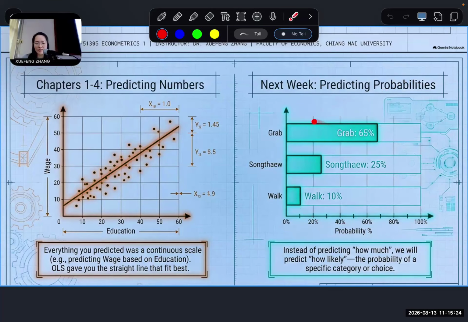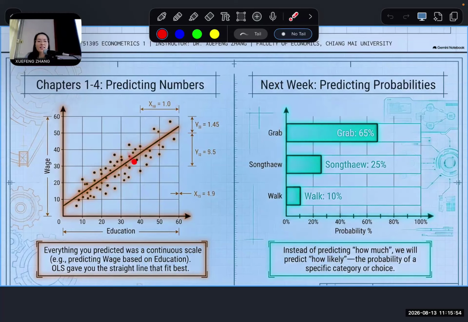Look at this. On the x-axis is the probability, and on the y-axis we have 3 categories: grab, songtiao, or walk. And you should know that if we sum them up, the 3 numbers should add up to 100, right? So this is the new part, and that's the whole idea behind multinomial choice models.